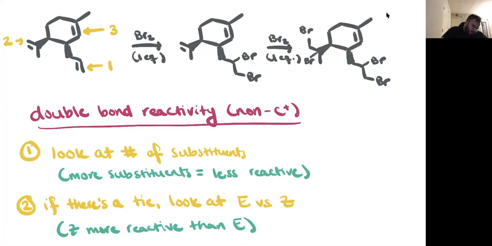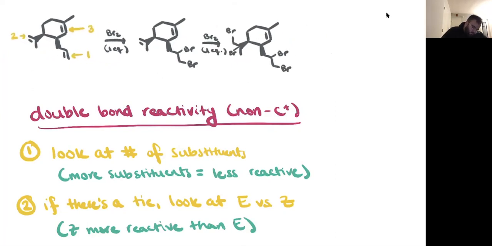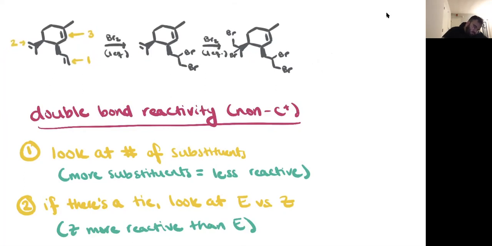And then our last addition would be to the trisubstituted one. Again, I don't have to write 1 equivalent here because there's only 1 double bond left. But we would end up adding to the double bond that you see over here.